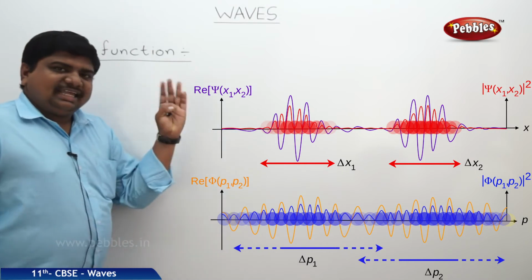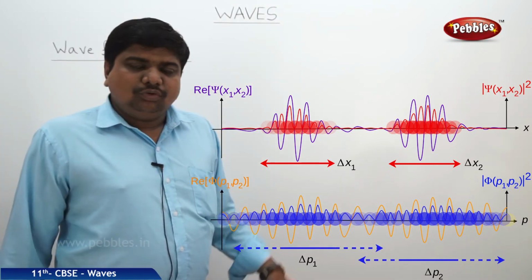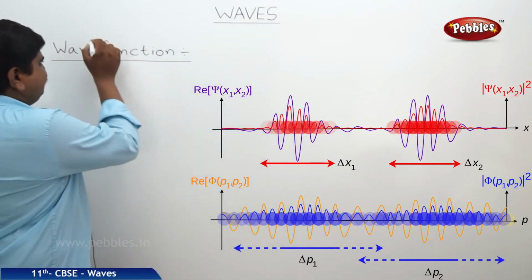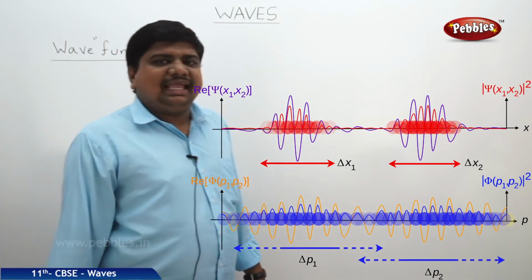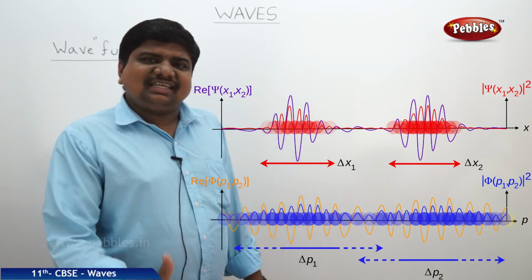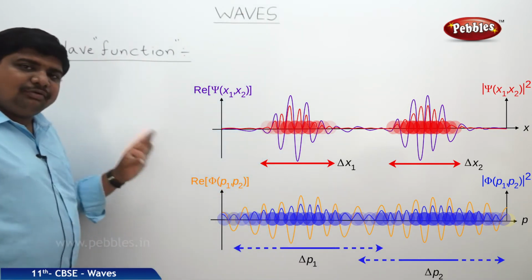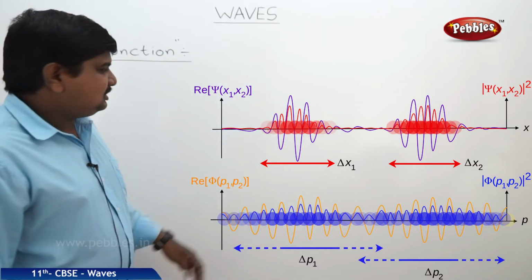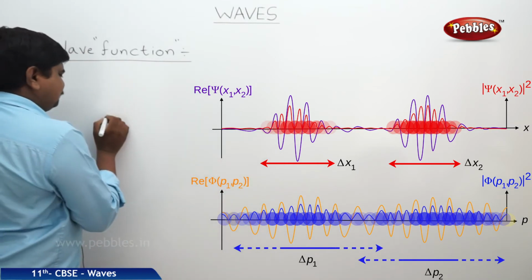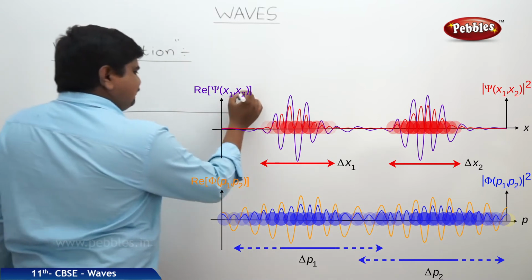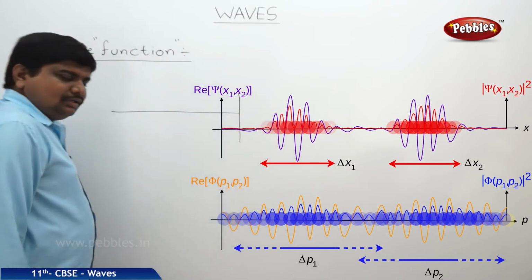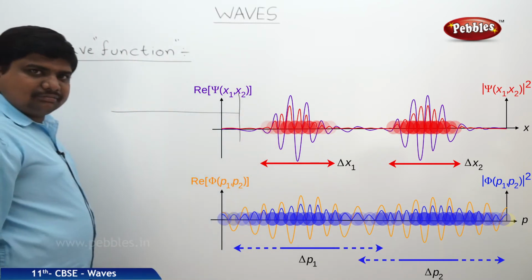Now we are discussing the wave function. What is the meaning of wave function? A function is a mathematical expression which describes the motion of the wave through any medium. Let us suppose we take a string which is fixed at one end, free at another end.